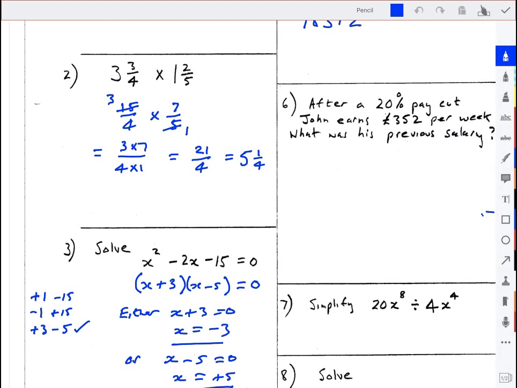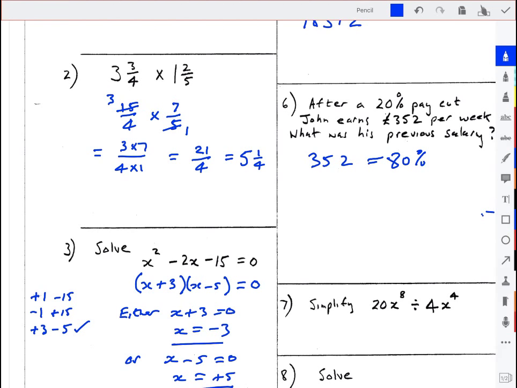After a 20% pay cut, John earns £352 per week. What was his previous salary? Well, this £352 per week represents 80% of his original salary if he's had a 20% pay cut. So 352 is 80%.